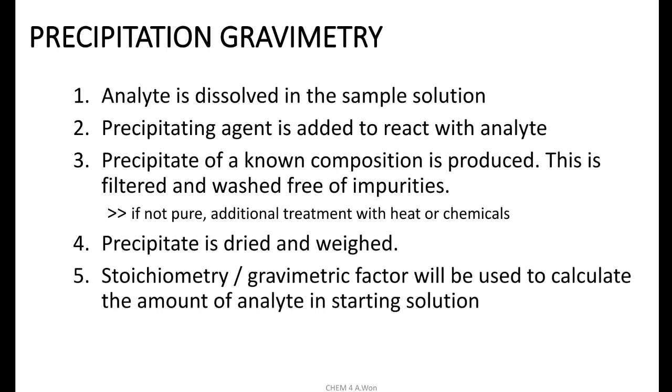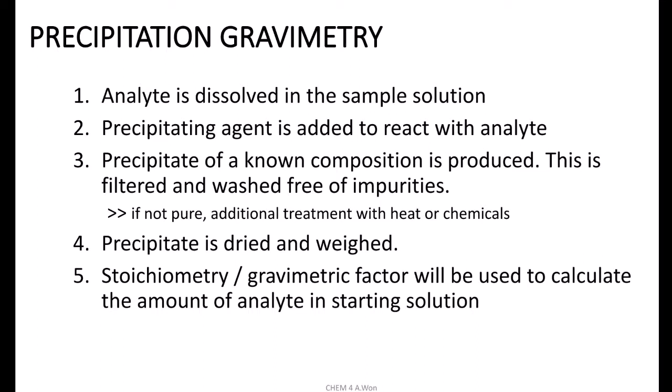So for the procedure, just an overview. First, the analyte is dissolved in the sample solution. You will start with a sample that is most probably homogeneous and that contains a lot of other substances. So there is no physical means of directly separating and quantifying your analyte.